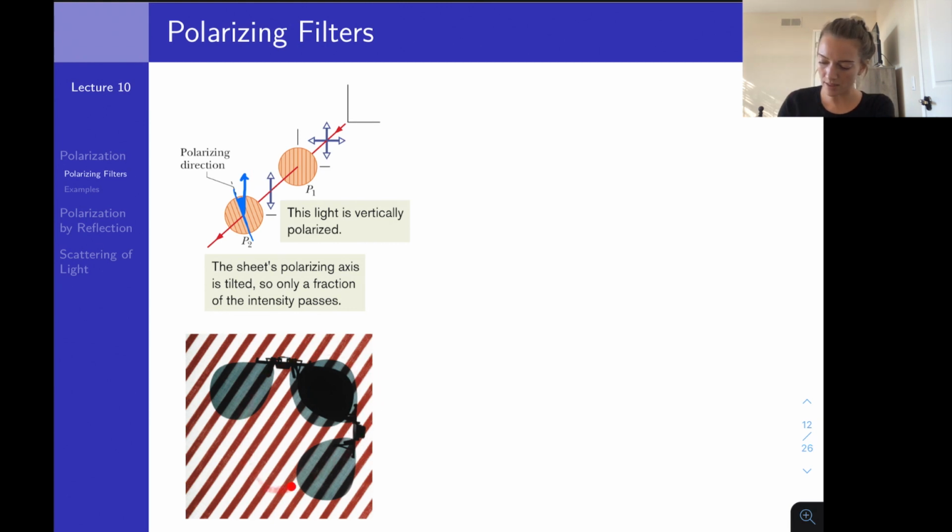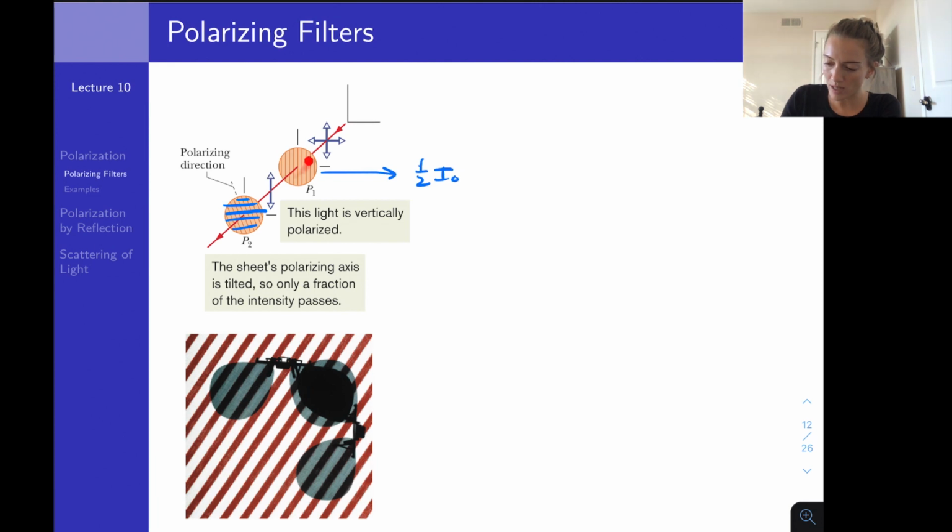You'll see a lot of times polarizing sunglasses are used to reduce glare, but if you take two polarizing sunglasses and hold them at 90 degrees, they actually don't let any light through. So if instead this polarizer was polarized horizontally, at the first polarizer you would get 1/2 I naught, from the unpolarized to polarized.